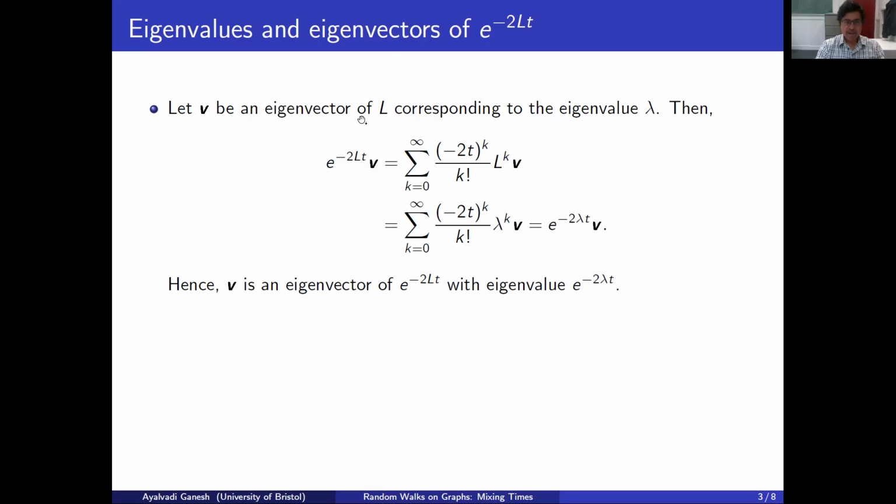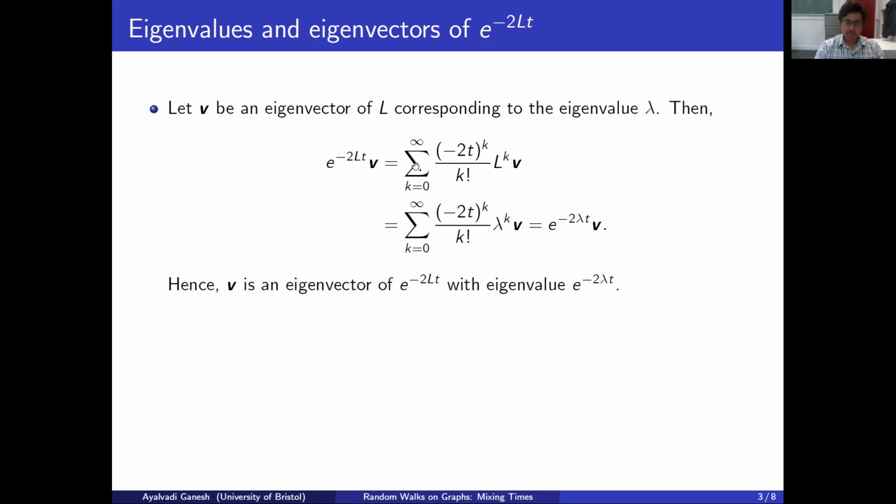Say v is an eigenvector of L with eigenvalue lambda. Then what do we get if we multiply the matrix e to the minus 2Lt by the column vector v? First, we can expand this matrix in its Taylor expansion. We get the sum over k of minus 2t to the k over k factorial, a scalar, times L to the k, multiplying v.